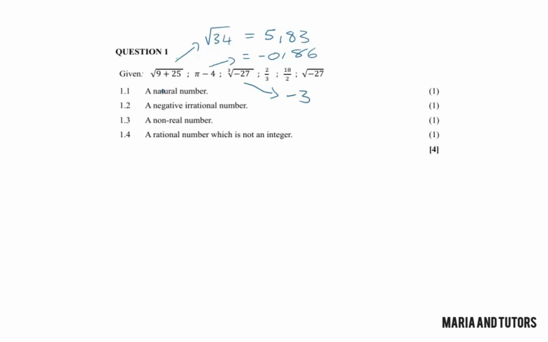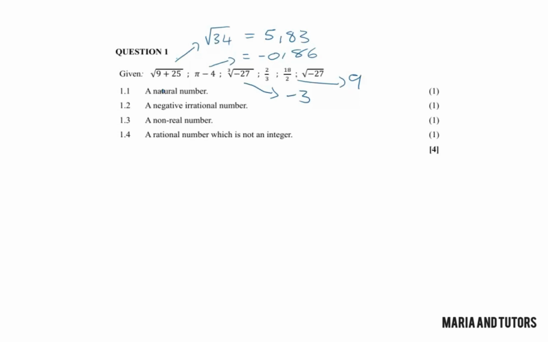Then 2 over 3 is just 2 over 3. And then 18 over 2 is 9. Then the square root of negative 27 is undefined.